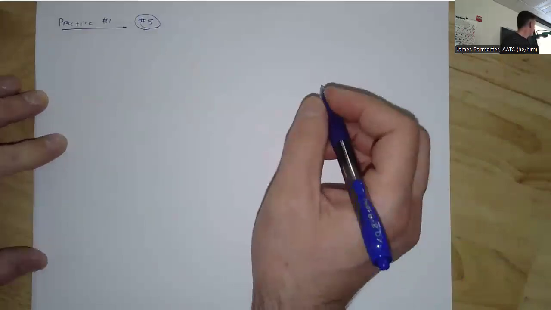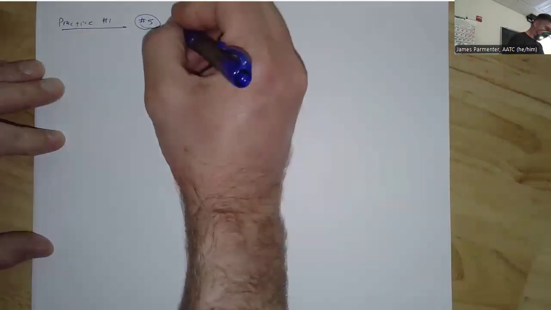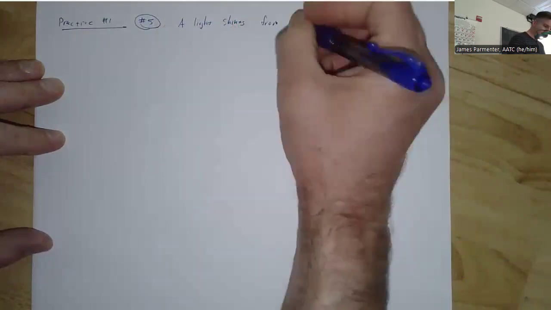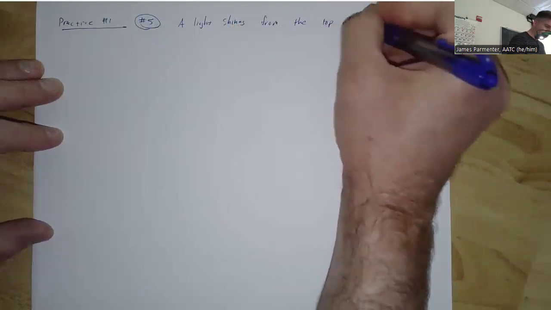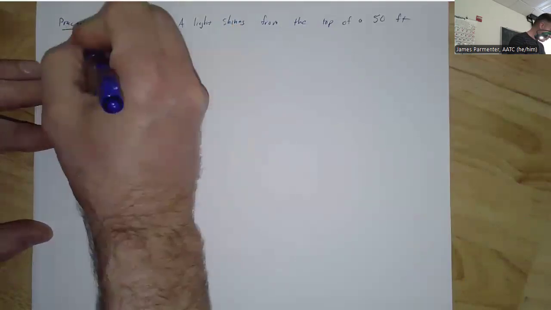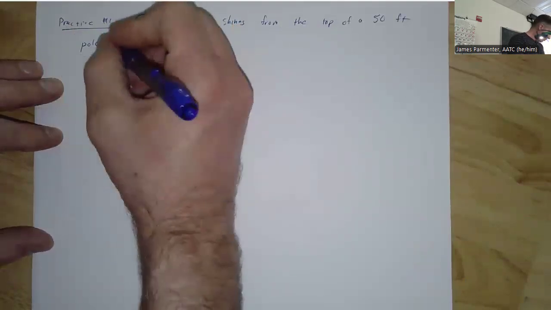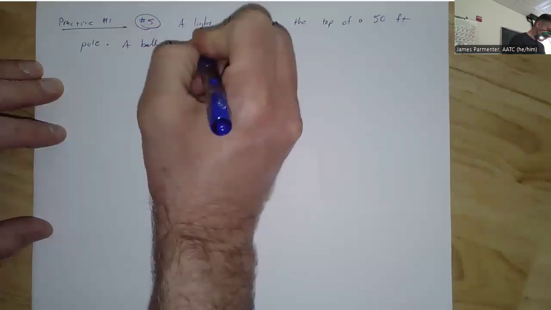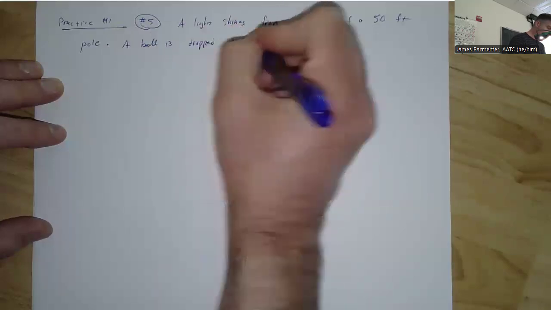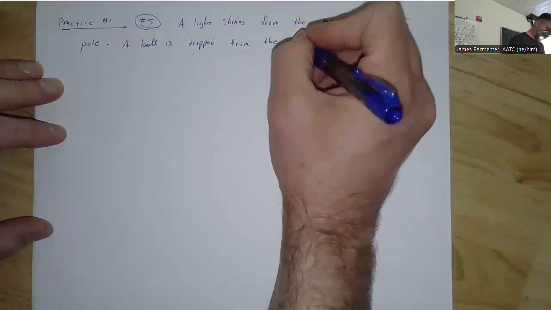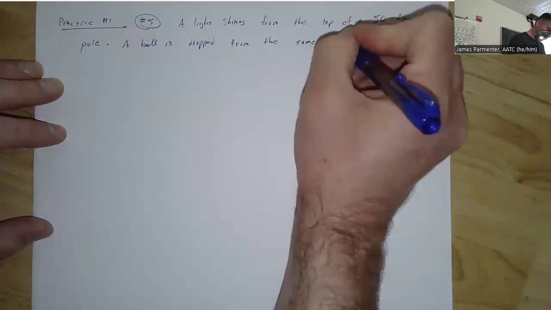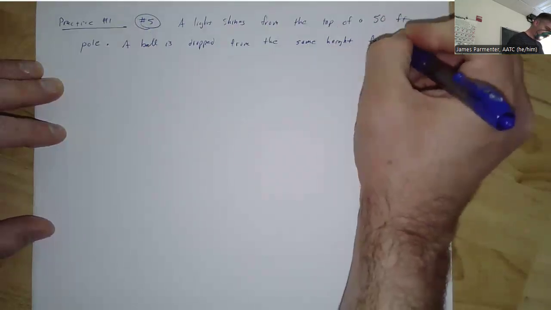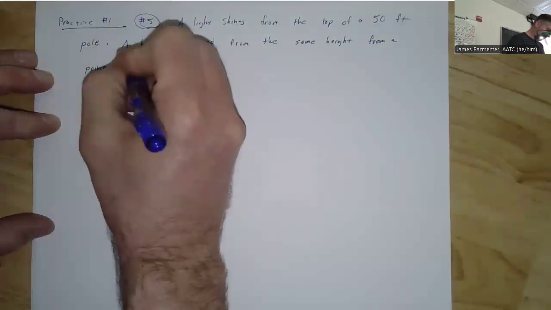So here's the problem. A light shines from the top of a 50-foot pole. Oh, yeah, this one's interesting. A ball is dropped from the same height, so 50 feet, from a point 30 feet away from the light.